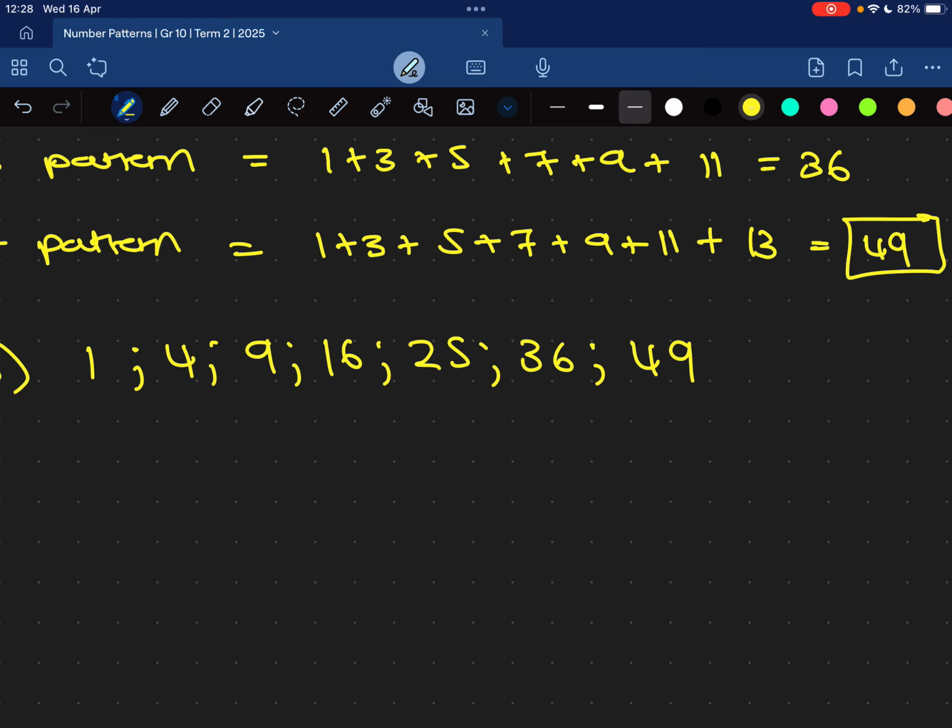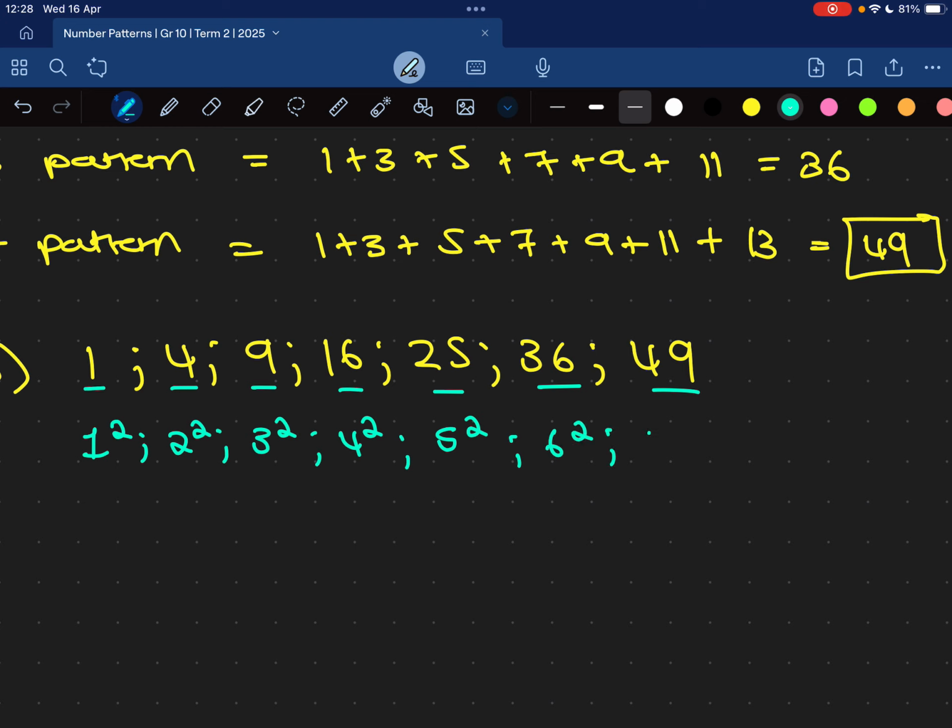One thing that hopefully you would have noticed is that all of these numbers are square numbers, which means that they are all perfect squares. So this is the same as 1 squared, and this is 2 squared, 3 squared, 4 squared, 5 squared, 6 squared, and 7 squared.